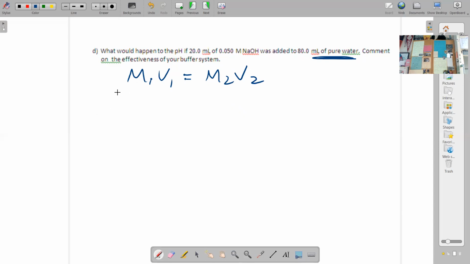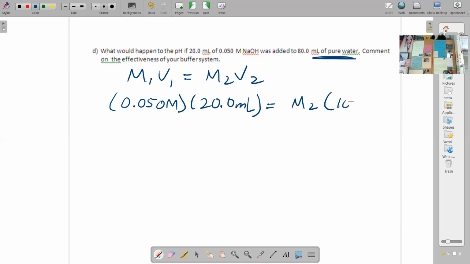Do you see how that works? And you remember, if you're just using the dilution formula, you can just use 20 mL as is. Units don't matter as long as you're consistent. So what is your new molarity? Once you have the new molarity of the diluted NaOH, remember, NaOH is a strong electrolyte, so it's also the molarity of OH minus.